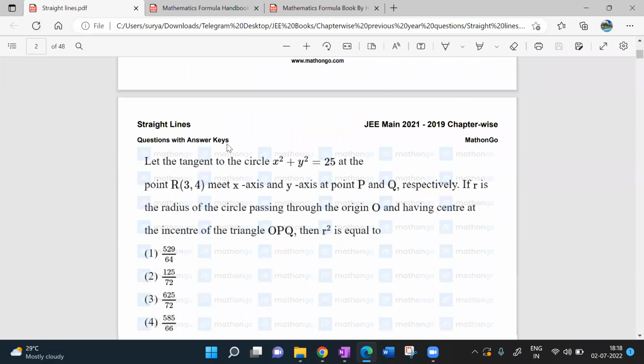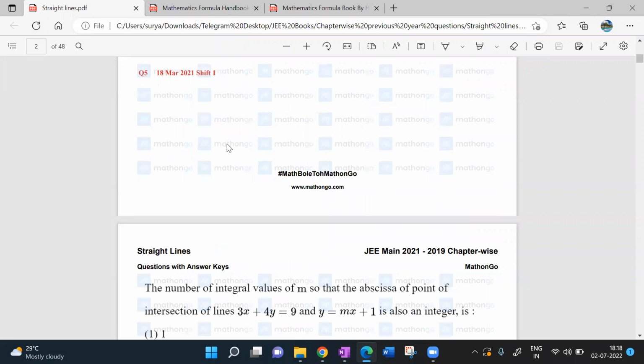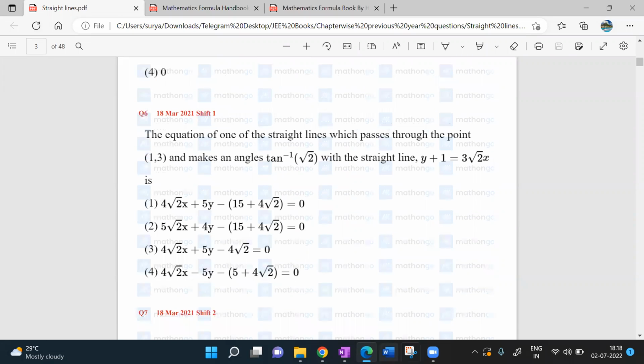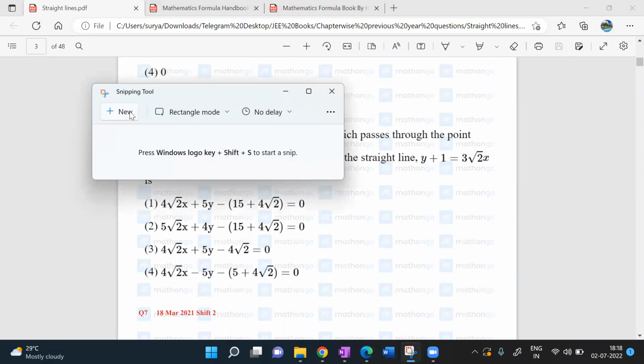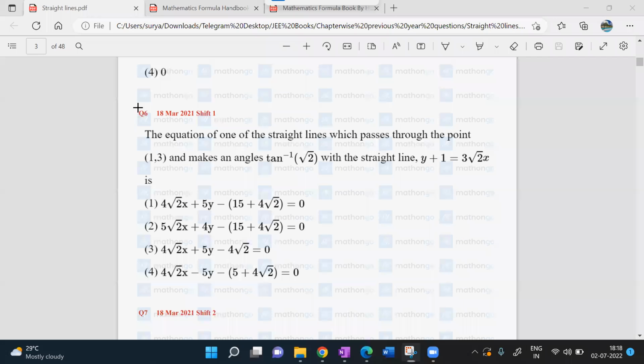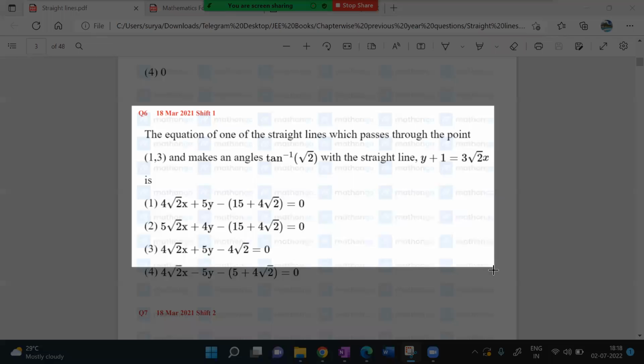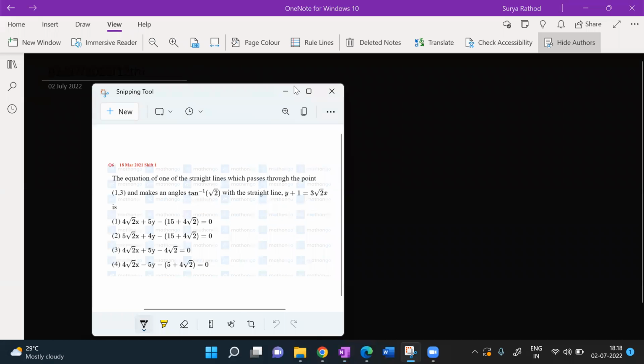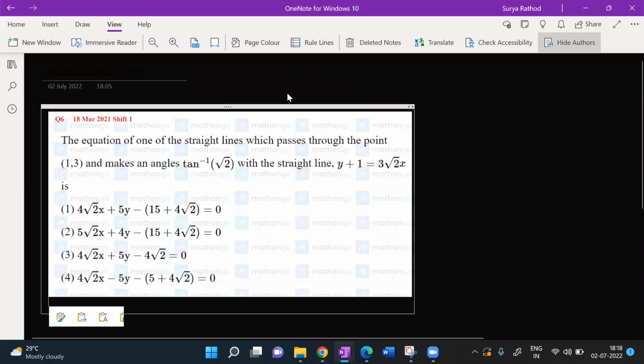So everyone, I'll just show it to you. Everyone solve this question, the sixth one. We will go in order actually. Everyone solve this sixth question. Solve the sixth one.